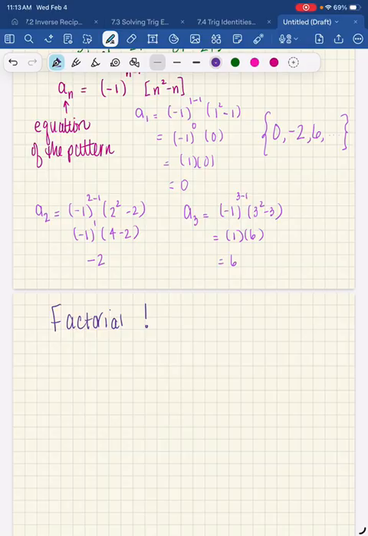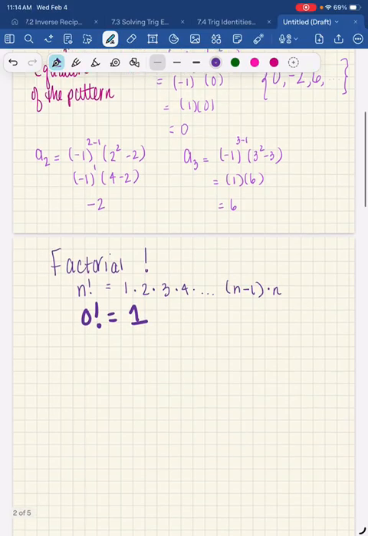And a factorial is defined as 1 times 2 times 3 times 4 times n minus 1 times n. And the important thing to note is that 0 factorial is 1. And I'll explain why that's true in a minute.